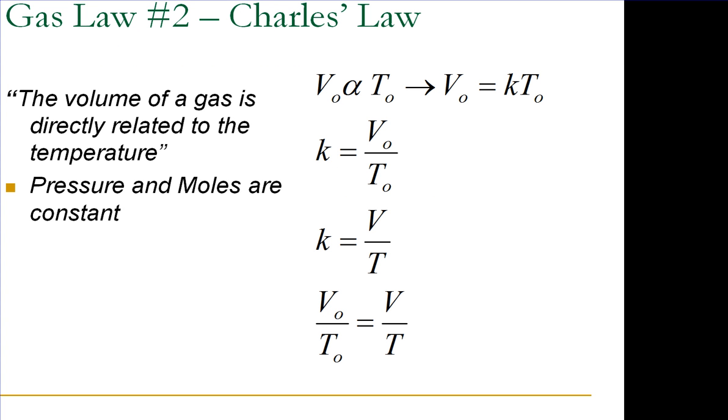There's also Charles's law. Charles's law says the volume of a gas is directly related to temperature. So volume is proportional to temperature, so V naught is some constant times T naught.